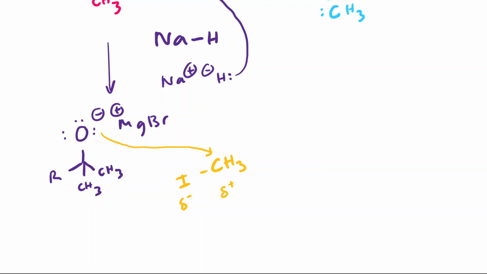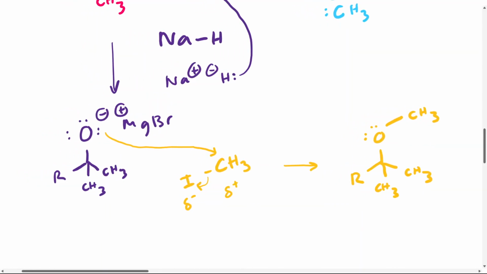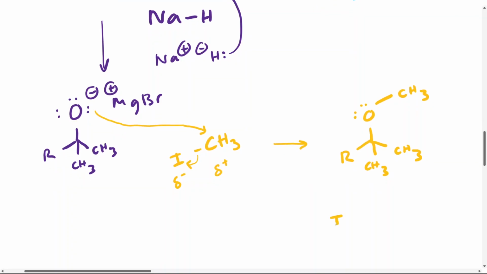So it's just going to attack the carbon and the carbon's going to give the electrons to that. And so we get this molecule, R, CH3, CH3, O bonded to a CH3. And everything's happy again. And we could draw the iodine with the negative charge, and then MgBr with the positive charge neutralizing it.